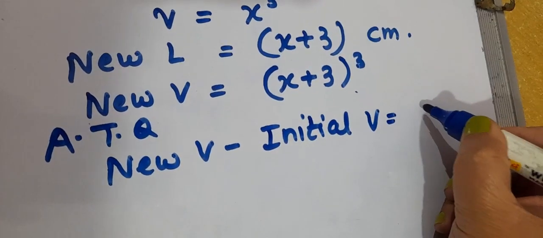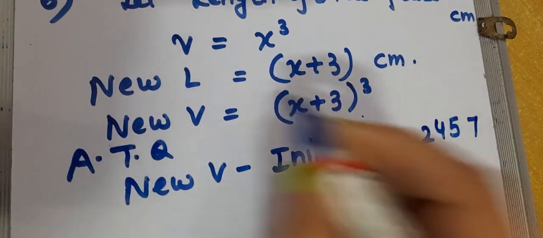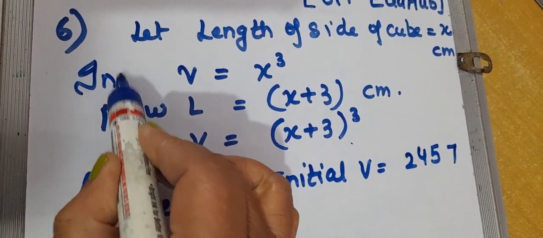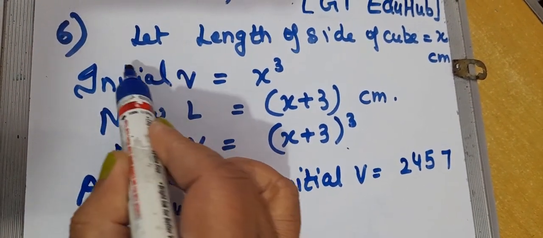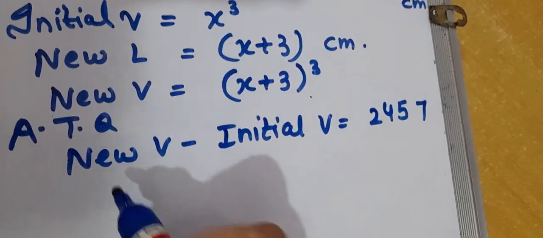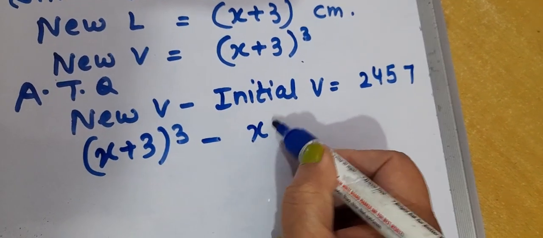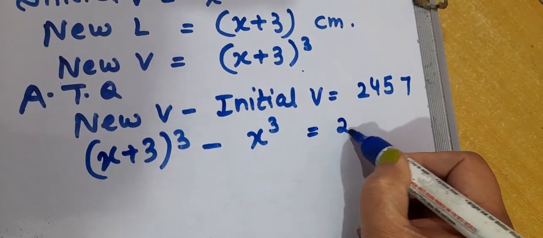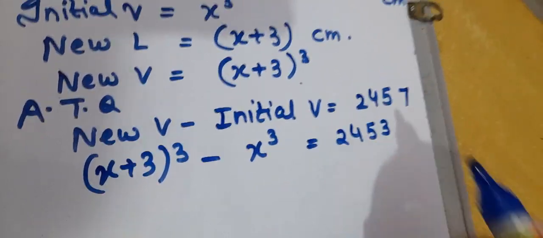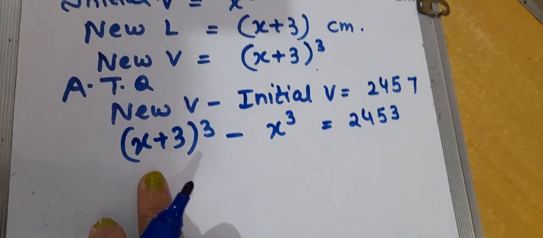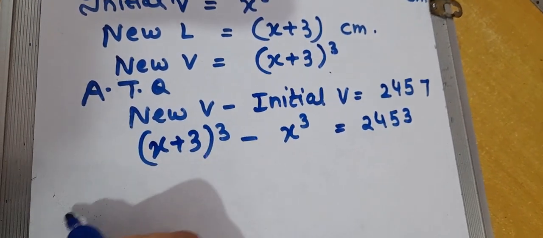is equals to 2457. This one was initial volume, the volume at the start. So x plus 3 whole cube minus x cube equals to 2457. Now we will open this cube, a plus b whole cube.